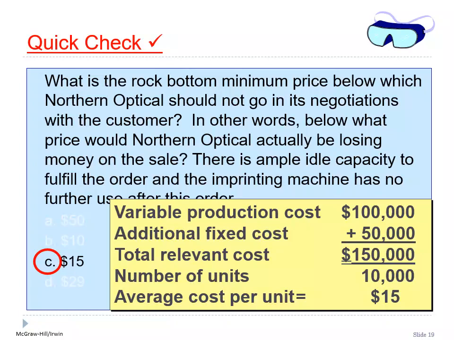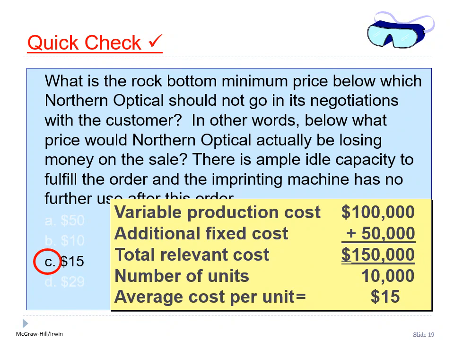Additional fixed cost, this cost is relevant because it relates to the order, which equals 50,000, the price of the imprinting machine. Total relevant cost 150,000. To arrive at the average cost per unit, we will divide the total relevant cost by the number of units of the order.